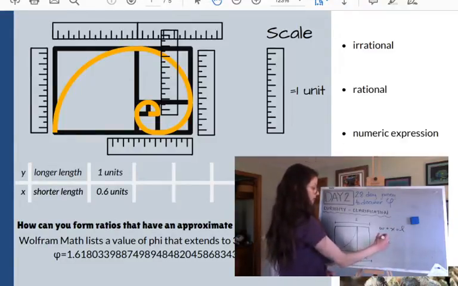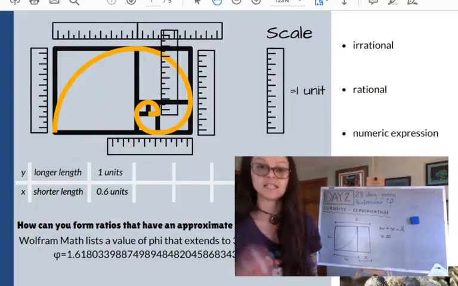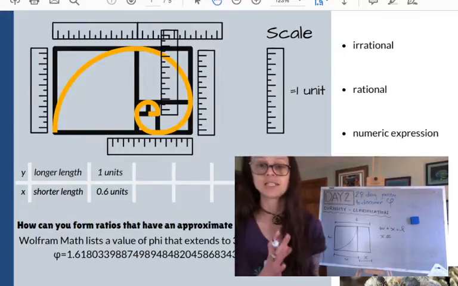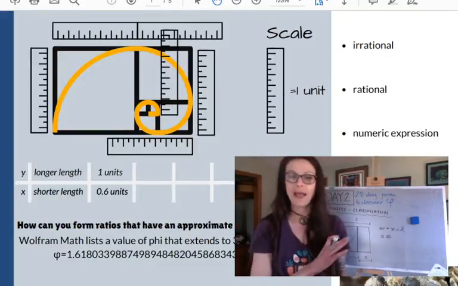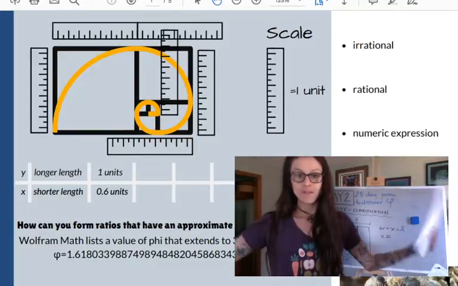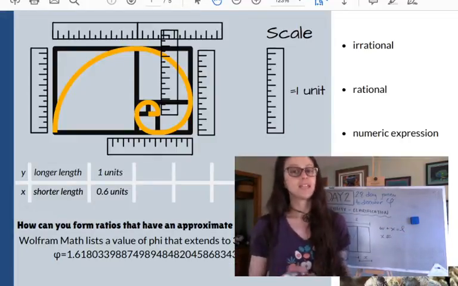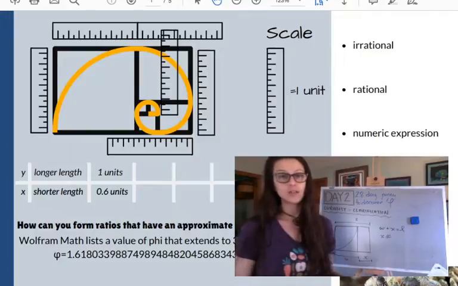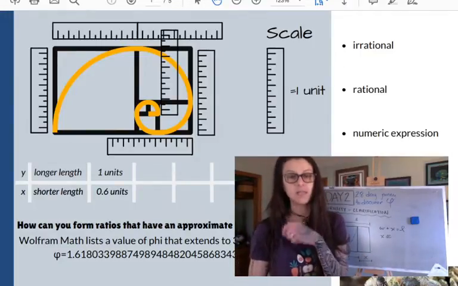I know that X is about 60% of the width, and I can use these squiggly equal signs, you'll see them a lot in this series, because approximation is huge with phi, since humans don't have the infinite string of numbers that creates phi. We use approximations, and for what we're doing, a 1/16 of an inch is a really precise measurement.